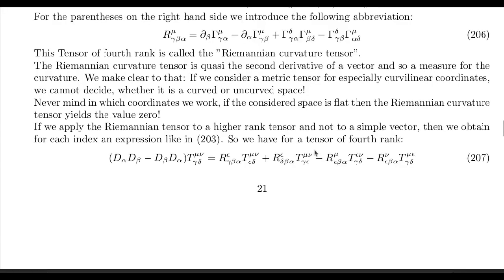For example, if we consider a tensor of fourth rank, here we have two covariant and two contravariant indices, then we can firstly write these 4 terms with R. And if we want to carry out further calculations, then we must substitute R 4 times here with such an expression, 206. Okay.